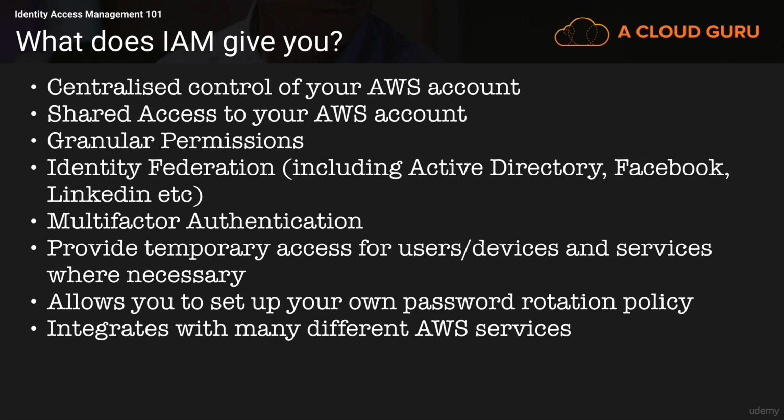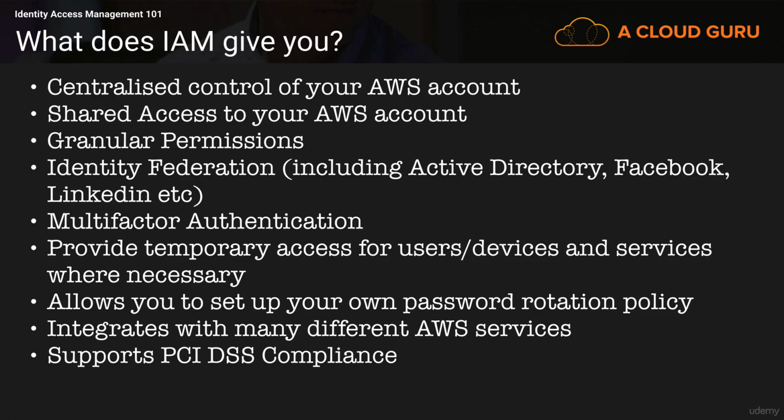We have to give Lambda the ability to talk to S3. We won't cover that too much in the course in terms of Lambda, but where we do use this a lot is with EC2. So when we provision a virtual machine, and that's basically what EC2 is, we have to give that virtual machine a role in order for it to talk to other AWS services. And don't worry, we'll cover that off in a couple more sections in the course.